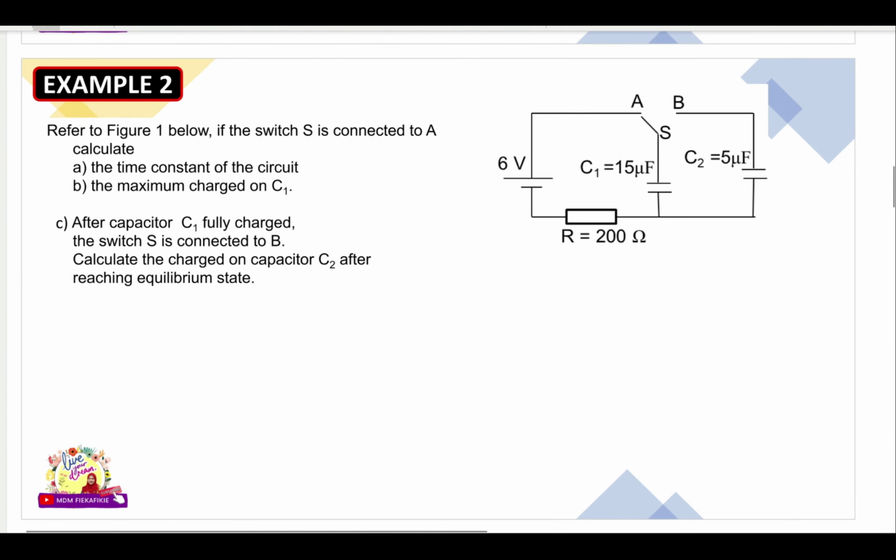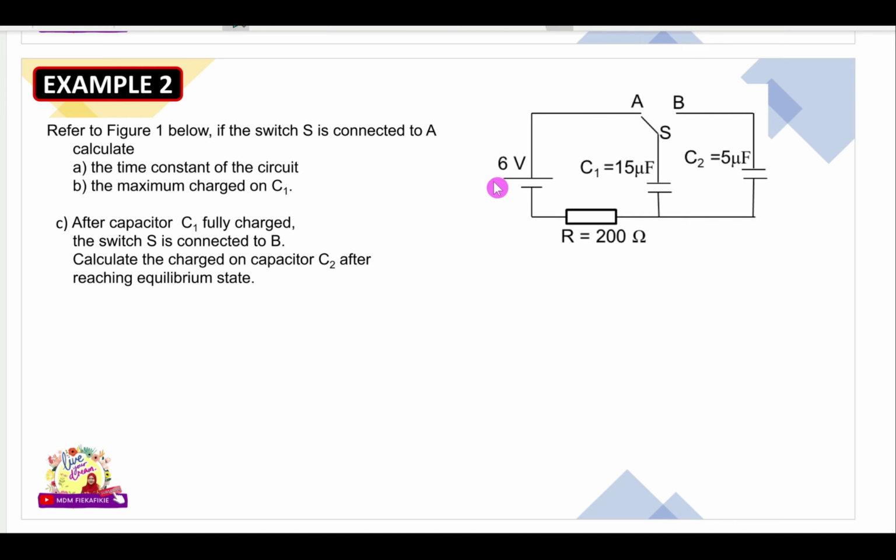Alright, example number 2. So let's read the question. Refer to figure 1 below. So this is the figure. If the switch S is connected to A, calculate the time constant of the circuit. So look at here, this is the switch. When the switch S is connected to point A here, means that we have this circuit.